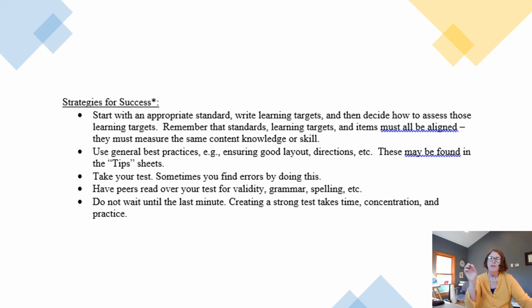So you can't have a standard that covers exponents in algebra and a learning target that covers exponents, and then a quiz that covers dividends. Everything has to be aligned.